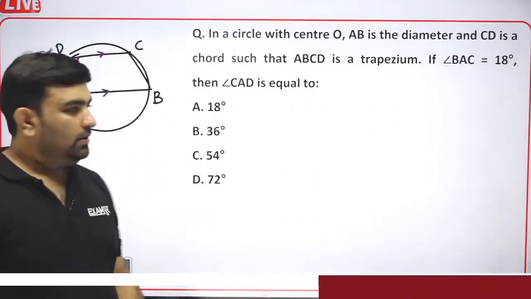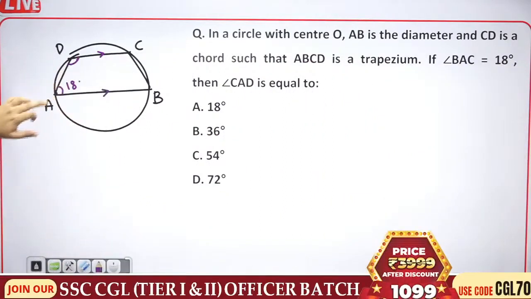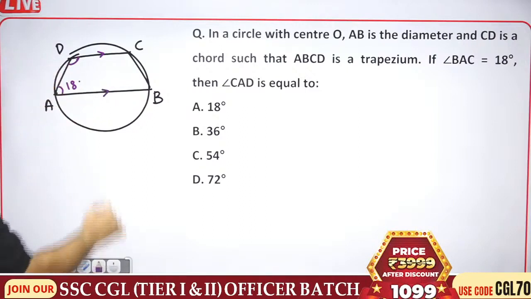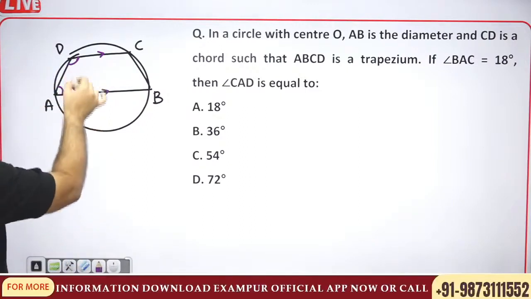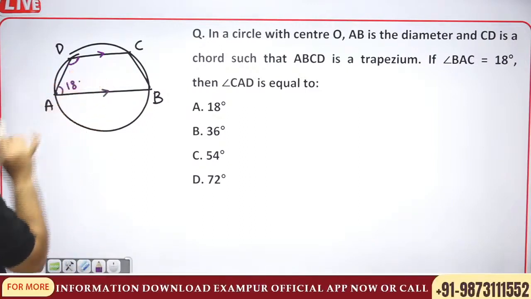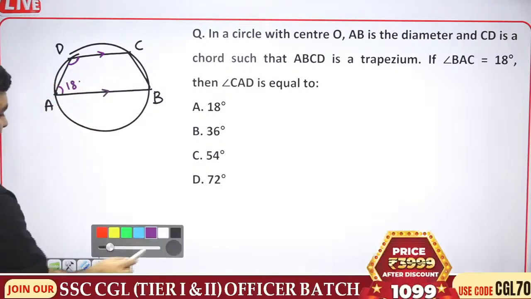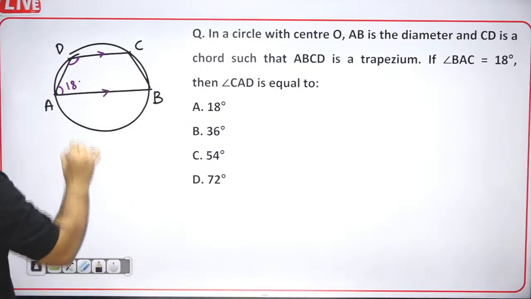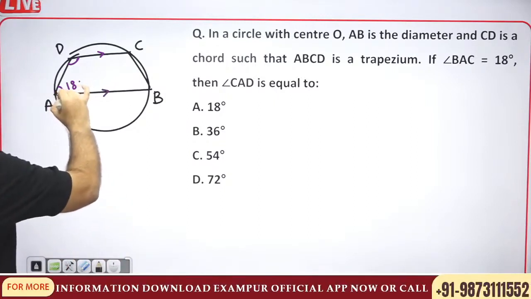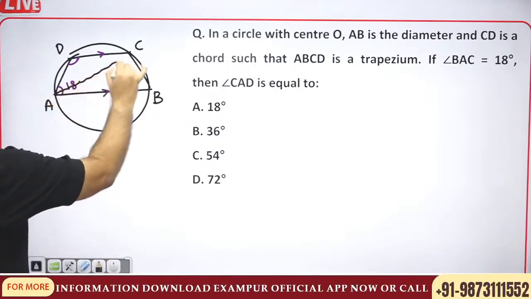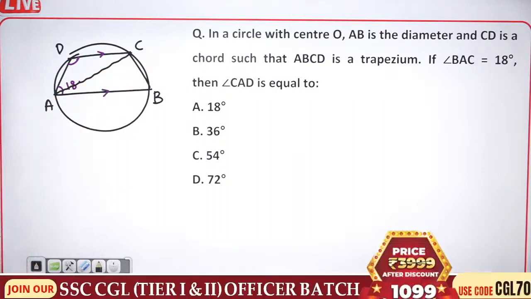If this is 18, we can find out this as well. The sum of these two angles should be 180. Is it really necessary? Let me think the other way. We have to find CAD. So do this construction.